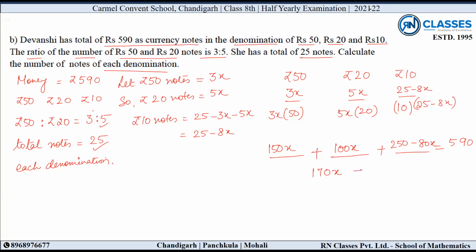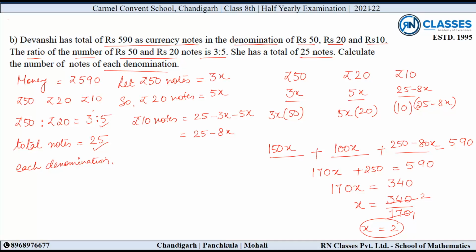Plus 250 is equal to 590. Linear equation in one variable. What to do? Just change the side of the constant, 250 change the side. What we'll get? 590 minus 250 is 340. X is equal to 340 by 170. So 170 1 times and 170 2 times. So x is equal to 2.